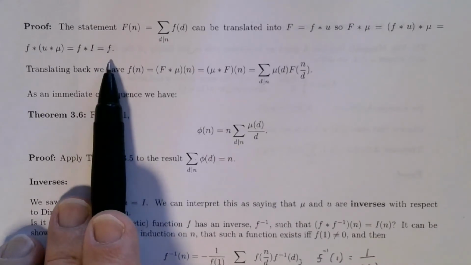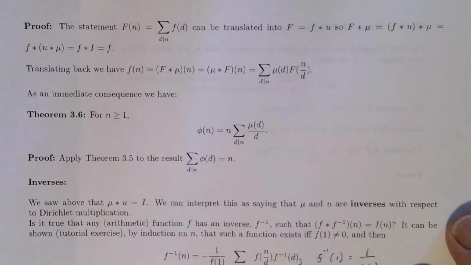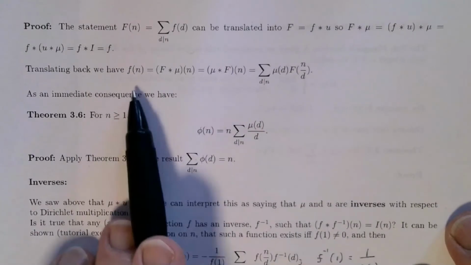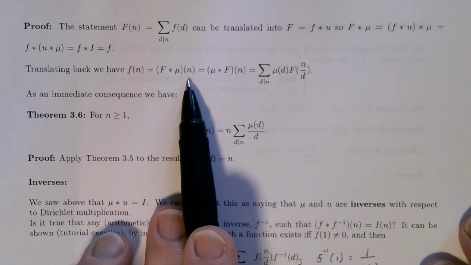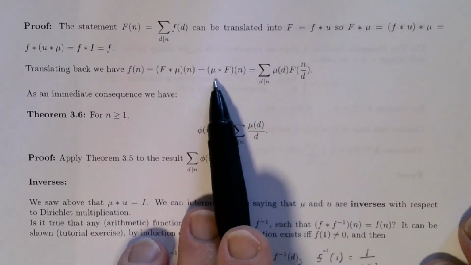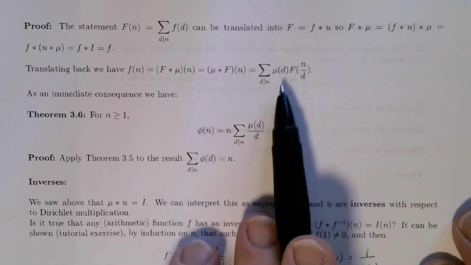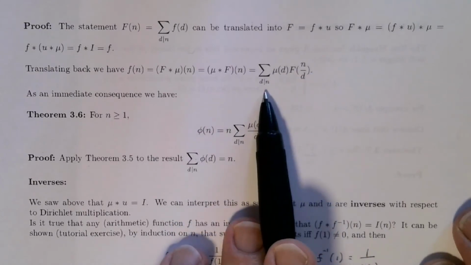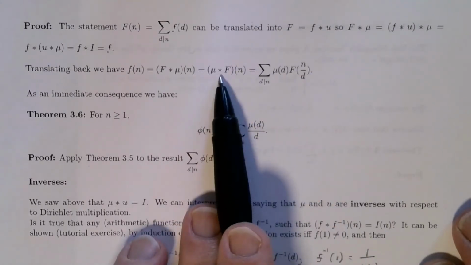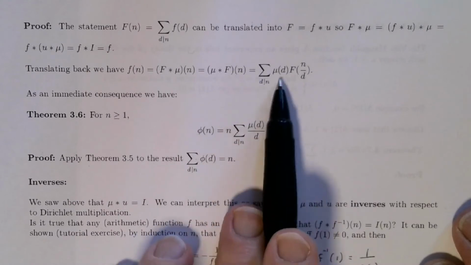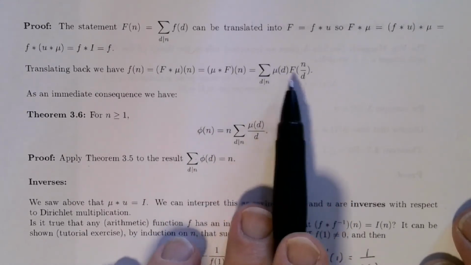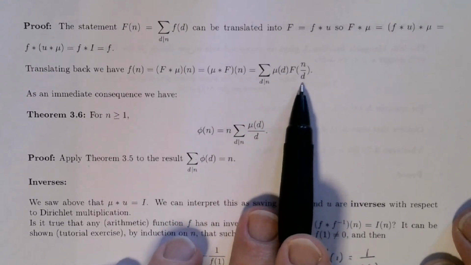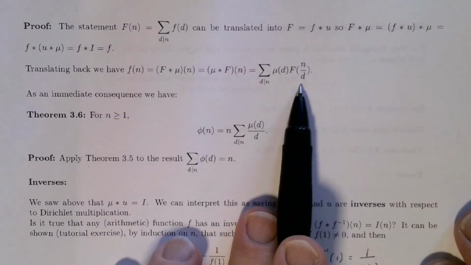And now we just translate all that back into sigma notation, and we have f of n is F star mu of n, and that's just equal to mu star F of n, and I can write that now by writing down what this star means. We take a sum over the divisors of mu at d and F at the co-divisor. So that follows instantly from just using this Dirichlet multiplication.